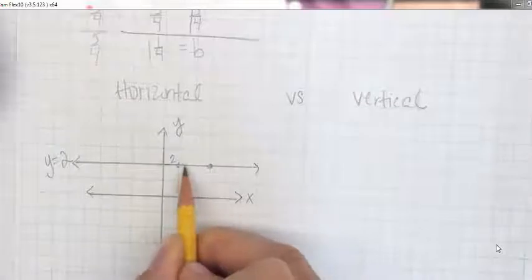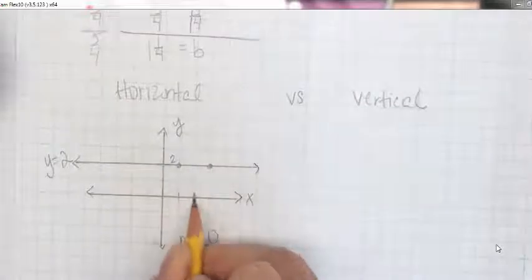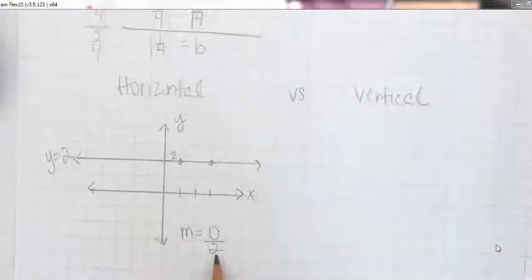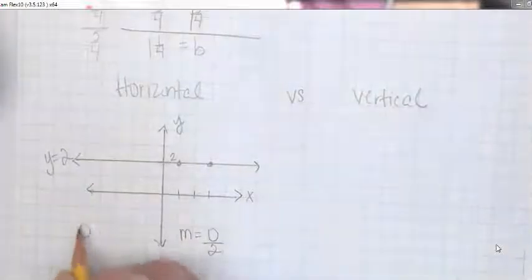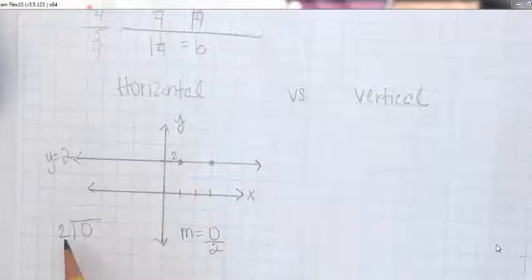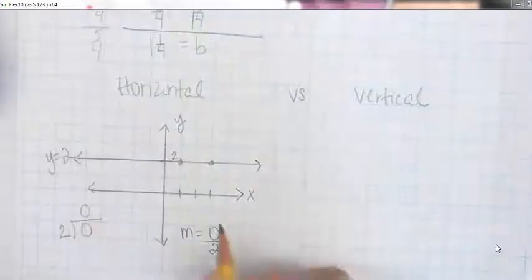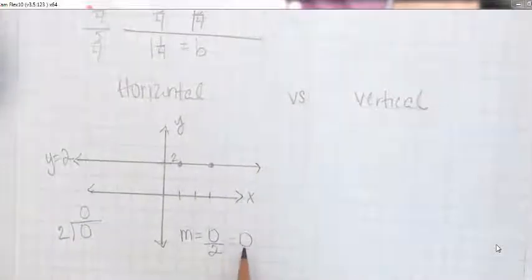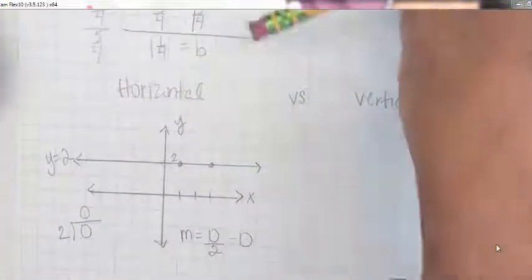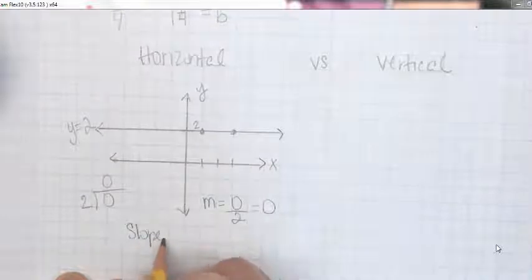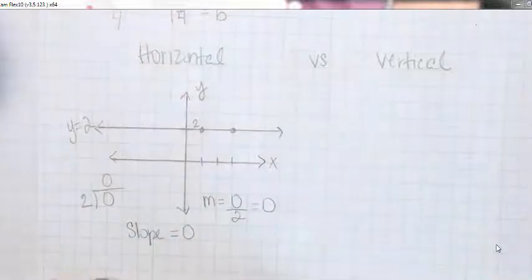There is a run, so here it would be 2 units. 1, 2. Well, what's 0 divided by 2? In other words, 2 times what will give you 0? Well, that is 0, right? So the slope of a horizontal line is always going to be 0.